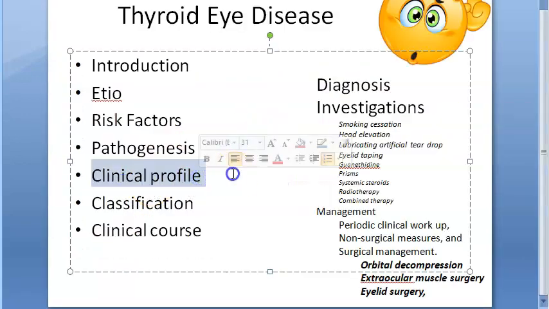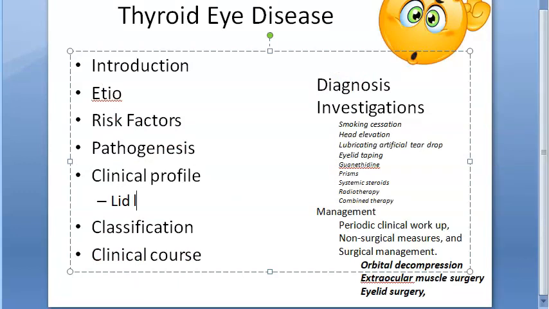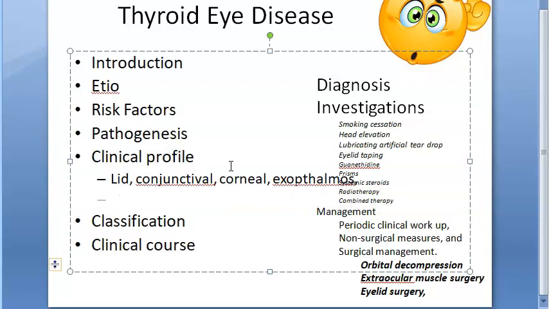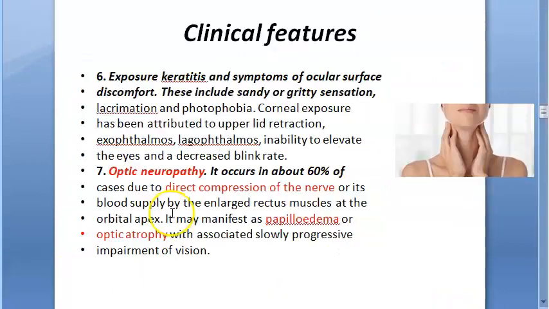We're done with clinical profile. Clinical profile, what and all we saw? Lid. Some signs we saw of lid. Then we saw conjunctival signs. Then we saw cornea. What was there? Exposure keratitis and all that. Then exophthalmos was there. Then what else was there? Hold on. Let's try to recollect.